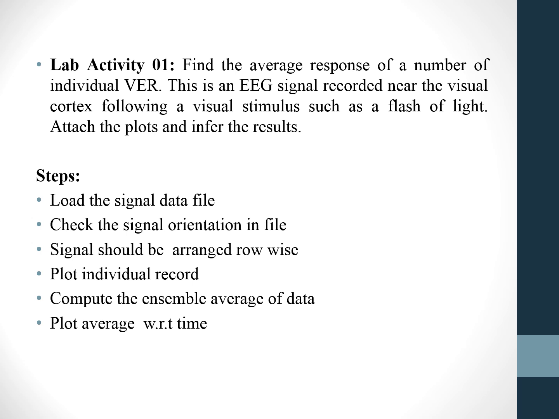If the signal is not arranged row-wise, then there will be no point-to-point processing. You have to plot individual records from a number of responses. Then you will compute the ensemble average of the data. Then you will plot the average, or ensemble average, with respect to time.